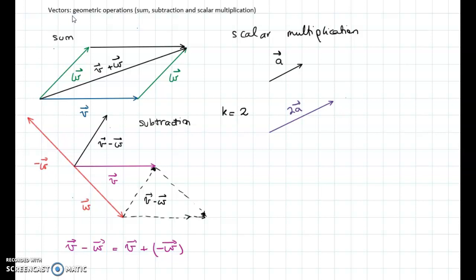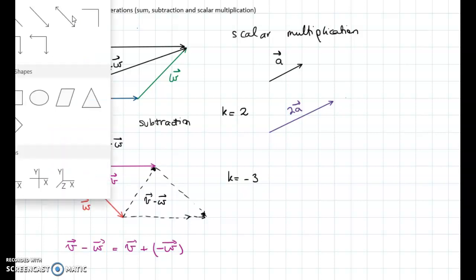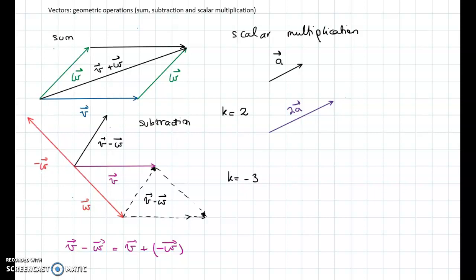If we consider, for instance, k equals -3, then the new vector, I'm going to begin by making it parallel to a. That's parallel. The magnitude is 3 times the magnitude of a, but now the arrow is pointing in the opposite direction. So this is -3 times the vector a.